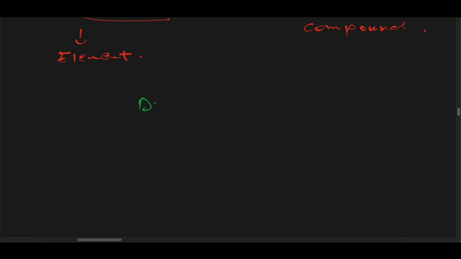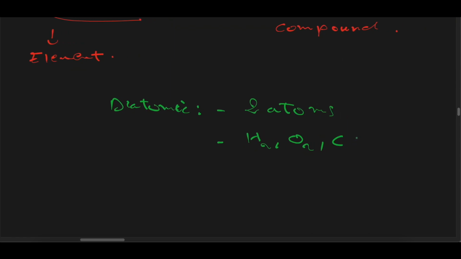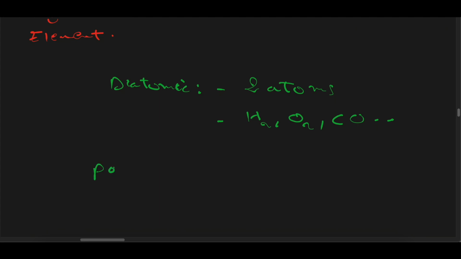A diatomic molecule means that the molecule is made up of only 2 atoms, like for example hydrogen gas, oxygen gas, carbon monoxide, and so forth. And the polyatomic molecule has at least 2 or more atoms.